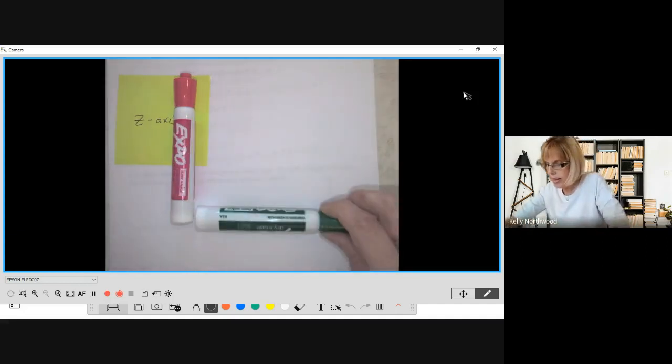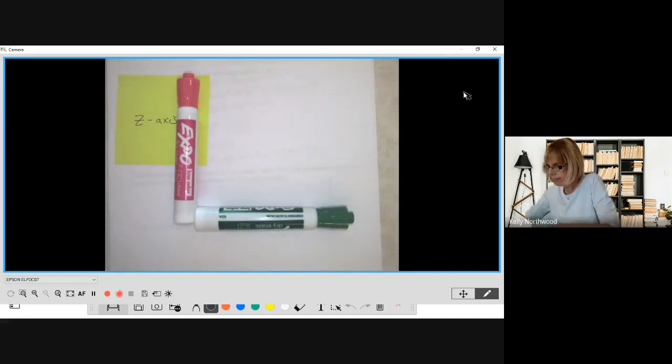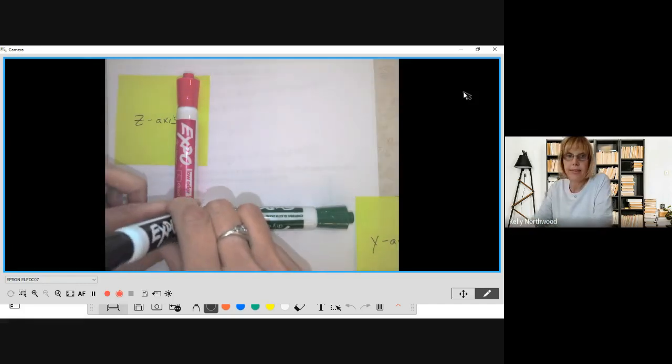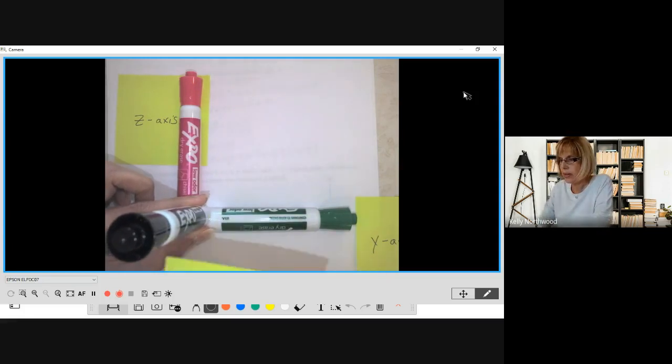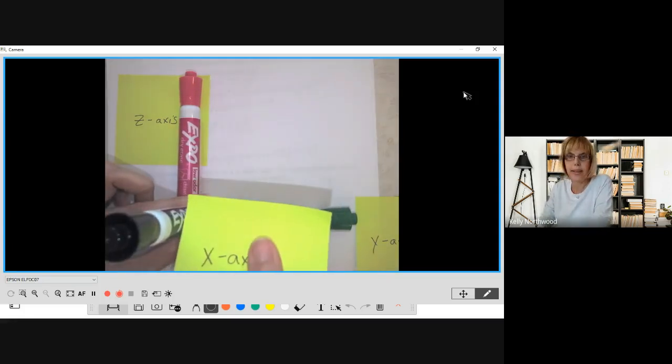And to the right is our new y-axis. And then straight out of the page is going to be our new x-axis, okay?